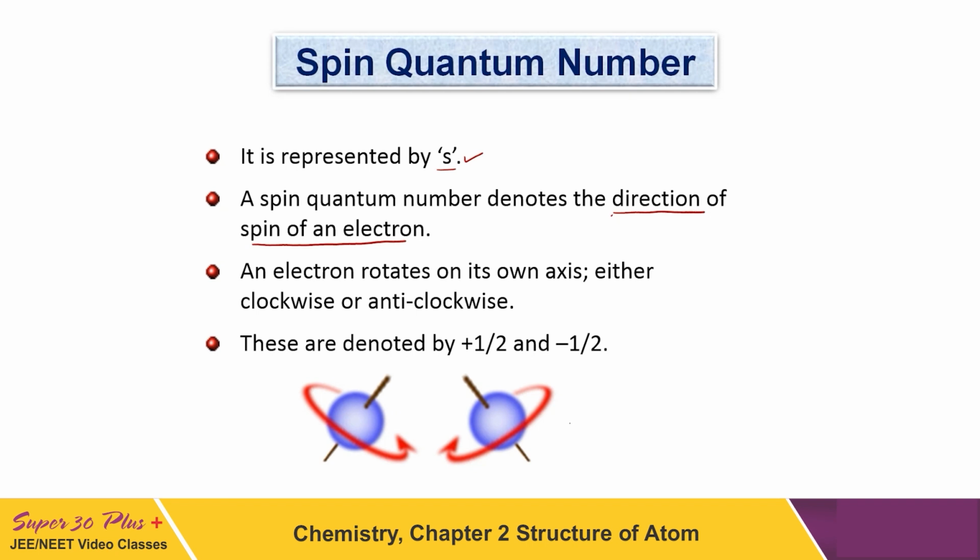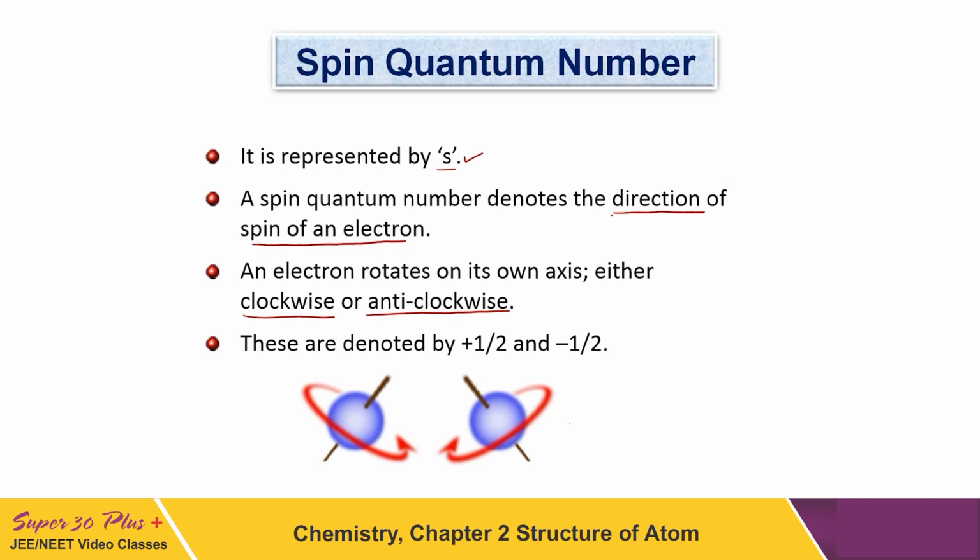And there are only two possible directions. An electron may rotate clockwise or anti-clockwise. We know that electrons always rotate on their own axis. So they can rotate in two directions, either clockwise or anti-clockwise. There is not a third value.